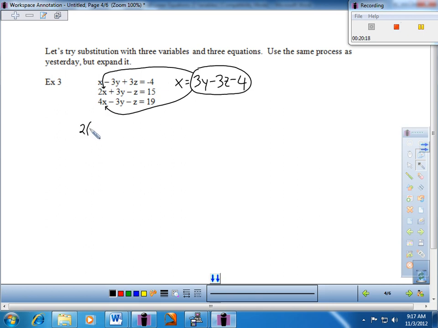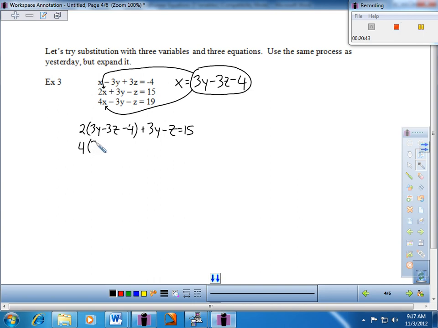Oh, my goodness. So 3y minus 3, oops, I made a mistake there, so let me quickly fix. So 3y minus 3z, that should be minus 4, and then let's just be extra careful there, plus 3y minus z equals 15. I do it on the bottom, same idea.